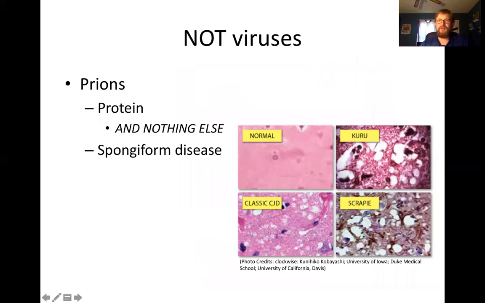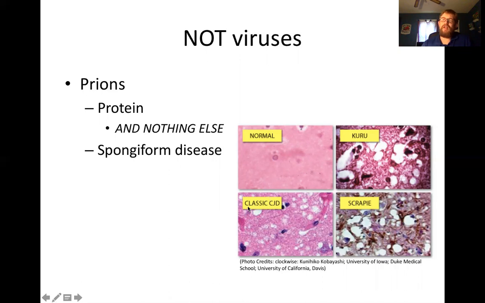But this is neuronal tissue from different prion-associated diseases. Here on the left, you can see normal tissue. Here is Kuru, right? This is caused or spread by the consumption of brain tissue from the deceased.